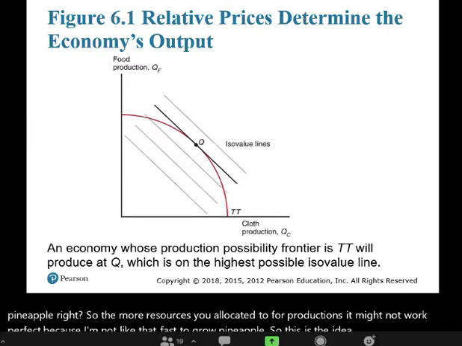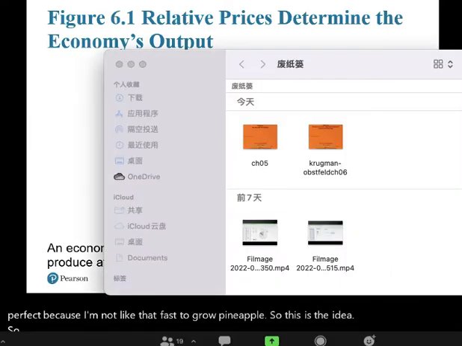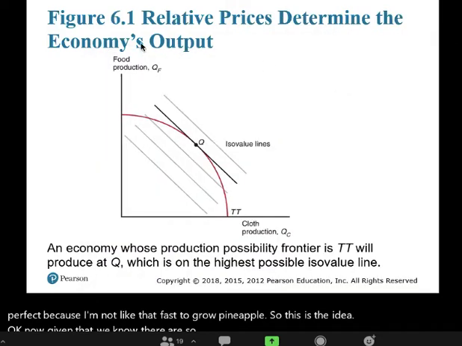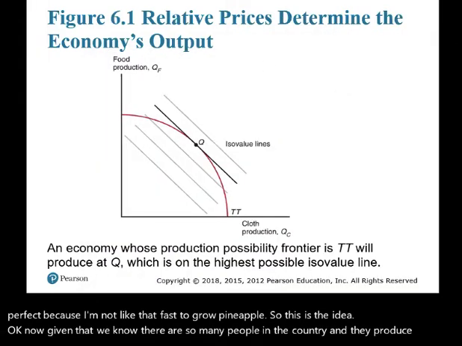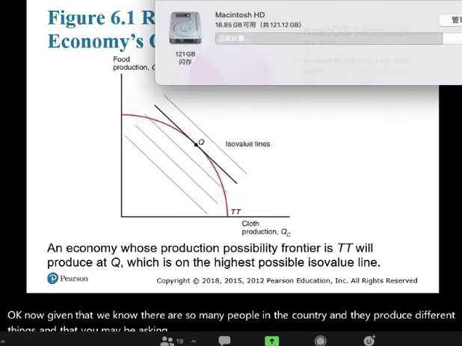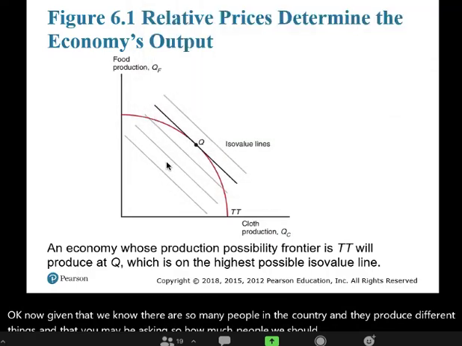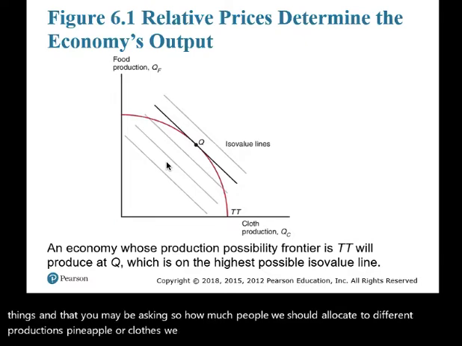Okay. So now, given that there are so many people in the country and they produce different things, you may be asking, how many people should we allocate to different productions, pineapple or clothes? We do not know, but there's something we can look at, which is the price.